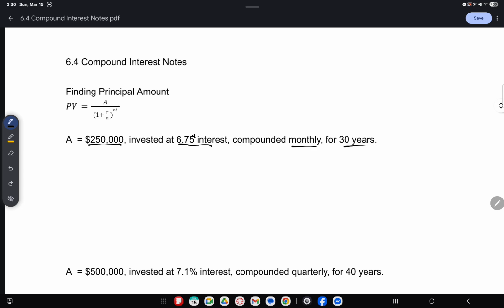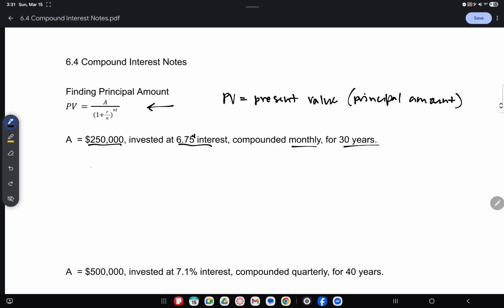So instead of doing all the algebra and solving the original formula, I went ahead and did that for you. So the only difference is PV stands for either present value or that principal amount. You just typically see it in the finance part being PV instead.